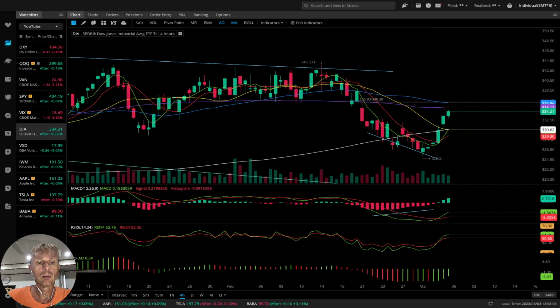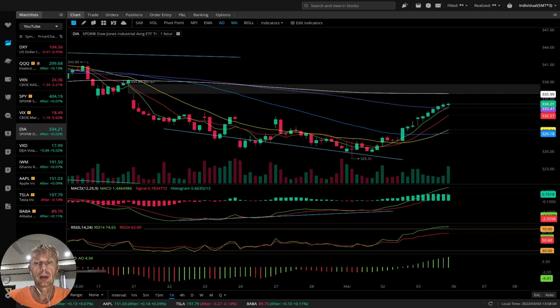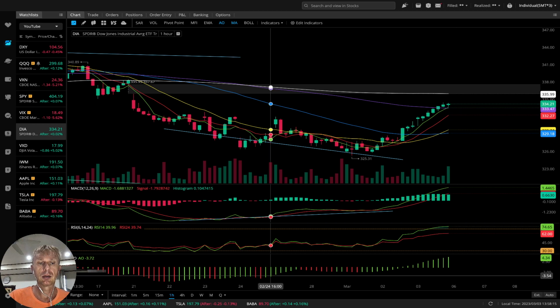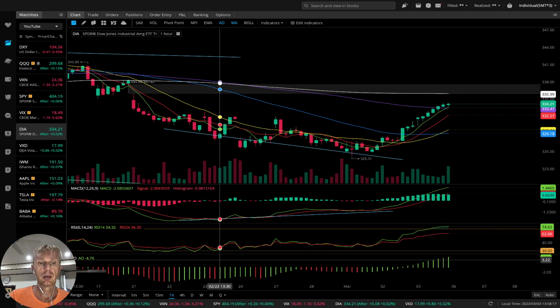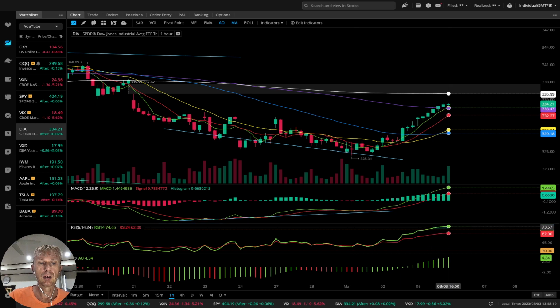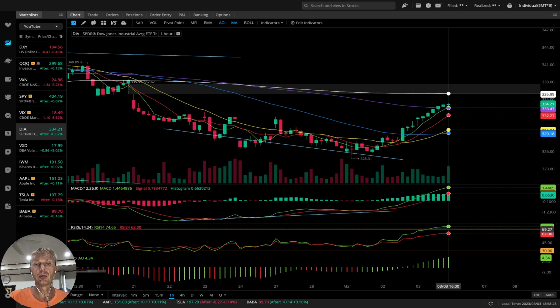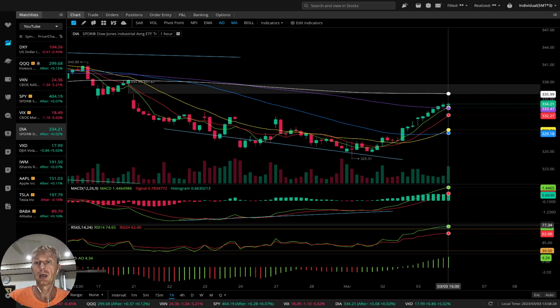Let's move to 1 hour. 1 hour for Dow, it's bullish, right? On all indicators. RSI is in overbought territory, at 74. Everything above 70 is bullish. It's all overbought, right?